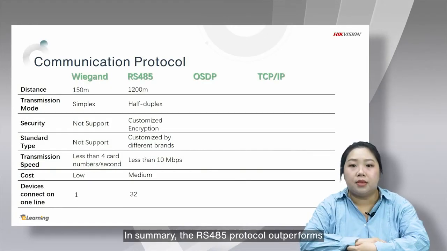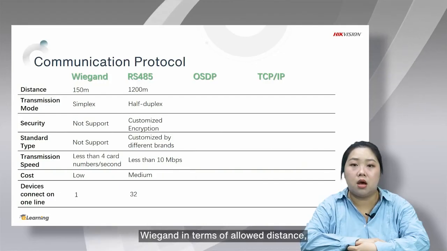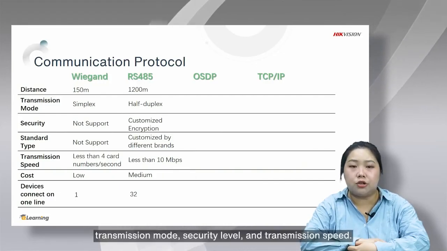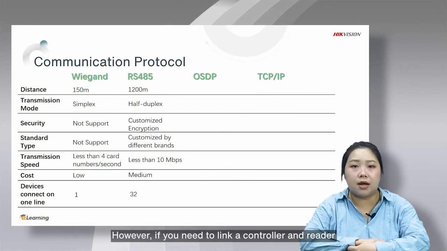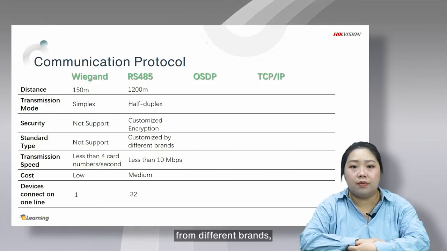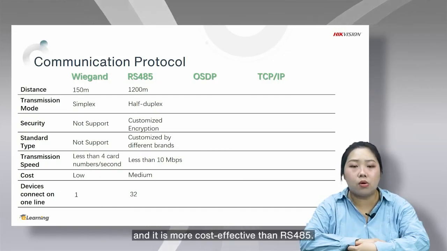In summary, the RS-485 protocol outperforms Wiegand in terms of allowed distance, transmission mode, security level, and transmission speed. However, if you need to link a controller and reader from different brands, Wiegand protocol is necessary for transmission, and it is more cost-effective than RS-485.